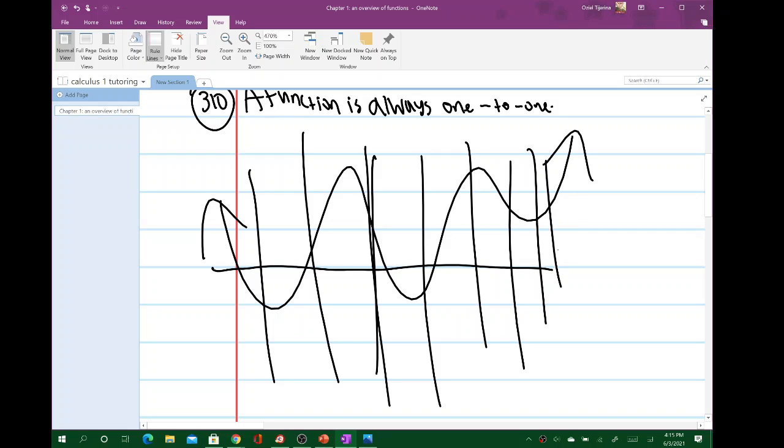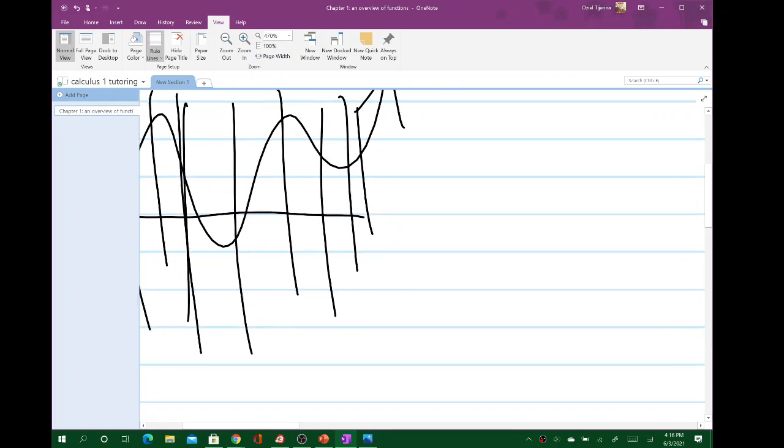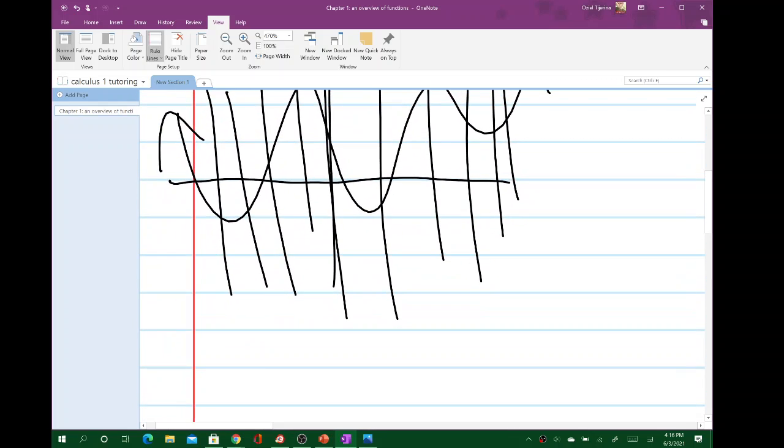So yes, that is true, because it always passes. There's always one y value for every x value, right?